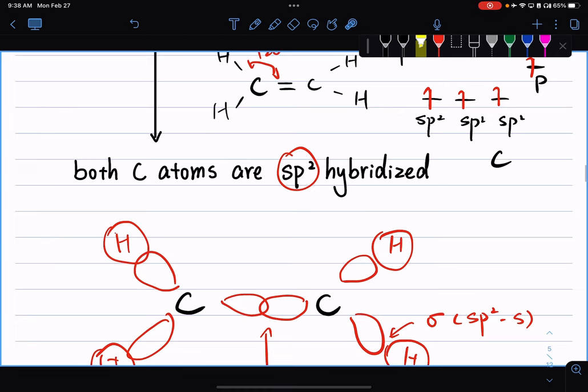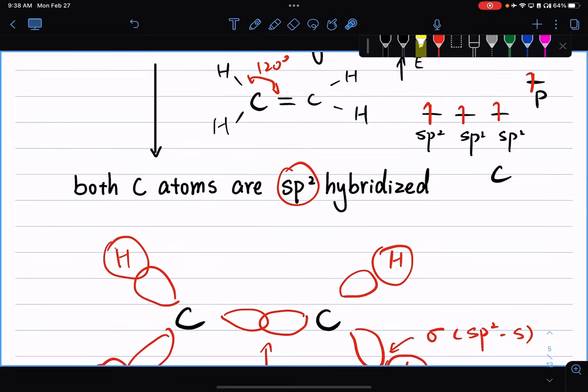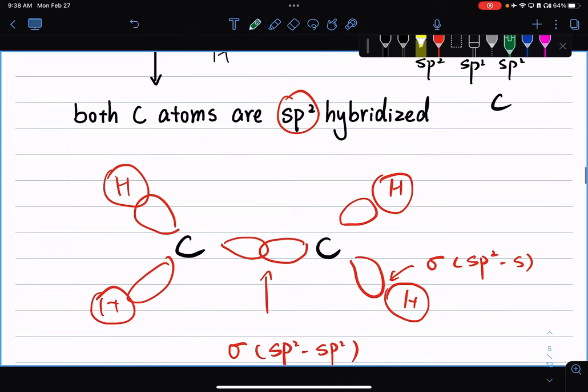We have one singly occupied p atomic orbital in each carbon still. So I'm using that green color to draw the p atomic orbital. That's what your p atomic orbital looks like. By putting the two p atomic orbitals close to each other, what we're creating is a pi bond.